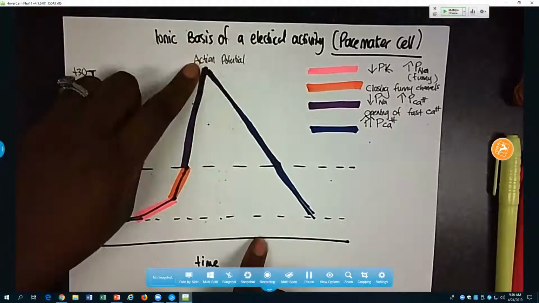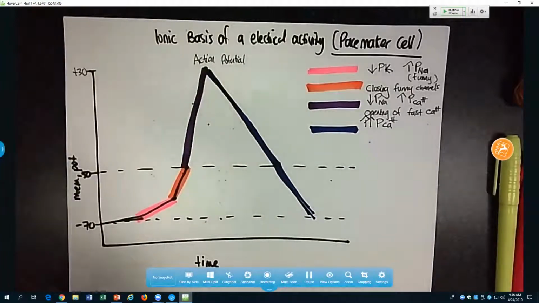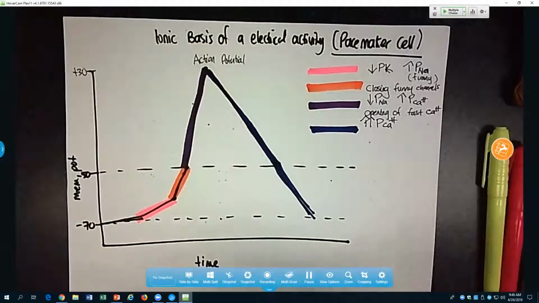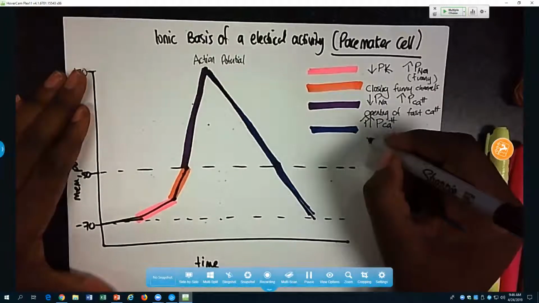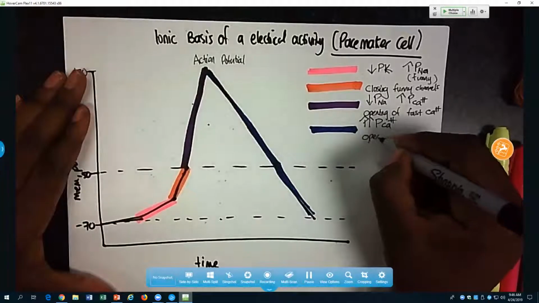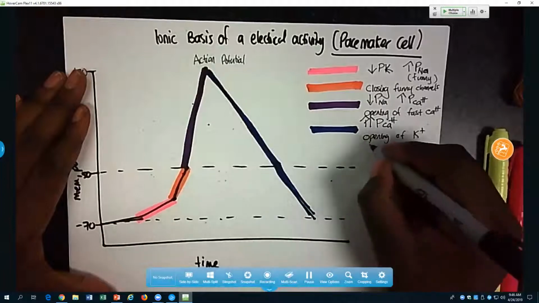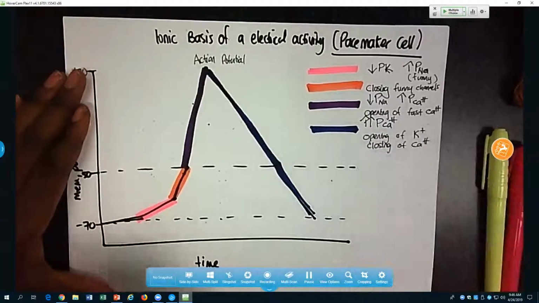Now, after we fire this action potential, then we have the reverse of those channels. Potassium channels are now open, and calcium channels will close. So the final phase here is the opening of potassium channels and closing of those fast calcium channels.